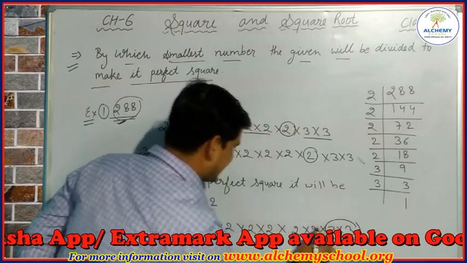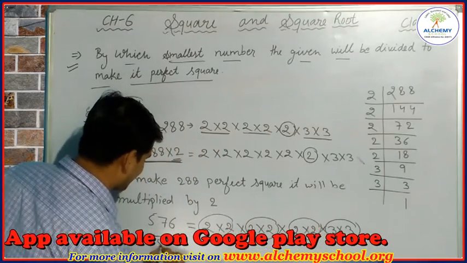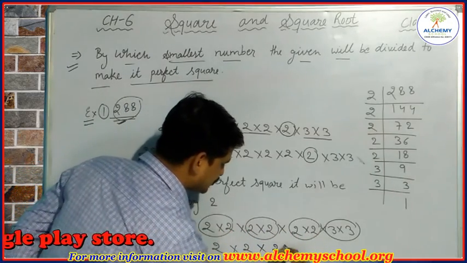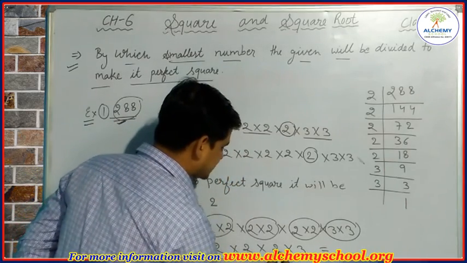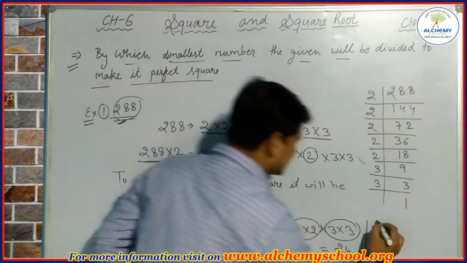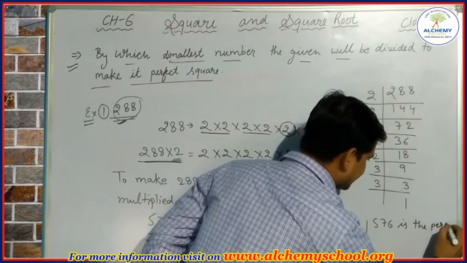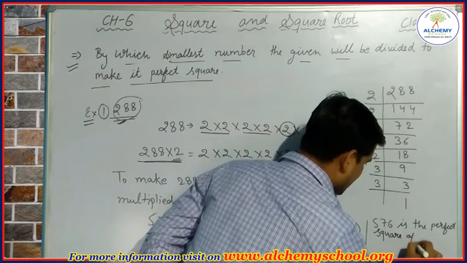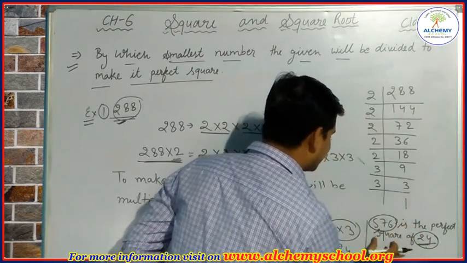Now we can easily make the pairs. When we find the square root of 576, we get 2 into 2 into 2 into 3. When we multiply these numbers, 2 2s are 4, 4 2s are 8, 8 3s are 24. So we can write that 576 is the perfect square of 24, and this 24 is the square root of 576.